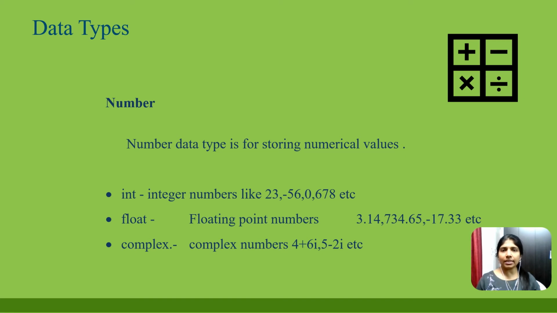This data type int is used for storing integer numbers, that is, numbers without a fractional part. Then float. Float is for storing floating point values, the numbers with a fractional part. Complex numbers like 4 plus 6i, y minus 2i, etc. can be stored using the complex data type.